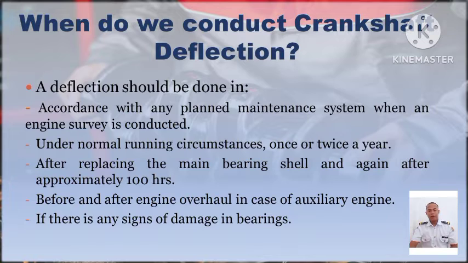Under normal running circumstances, it is done once or twice a year. If any abnormalities are observed under normal running conditions, then it is better to conduct a crankshaft deflection to prevent the deflection of the crankshaft from getting worse.